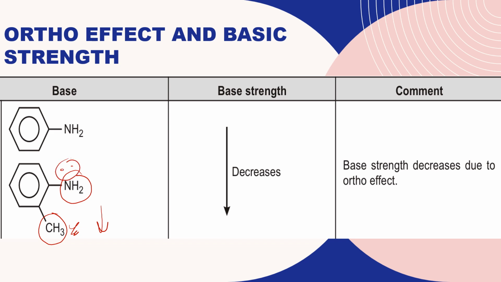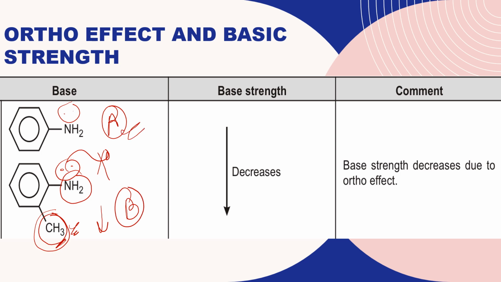Because due to steric hindrance, this NH2 group cannot donate its electron easily. The CH3 group creates steric hindrance when it is present at the ortho position. So we can say it will decrease the basic strength. So compound A, that one is A and that one is B, compound A is more basic. Let's see the next one.